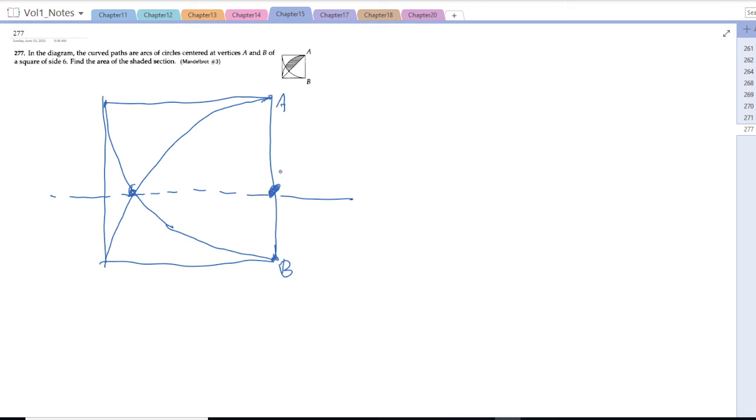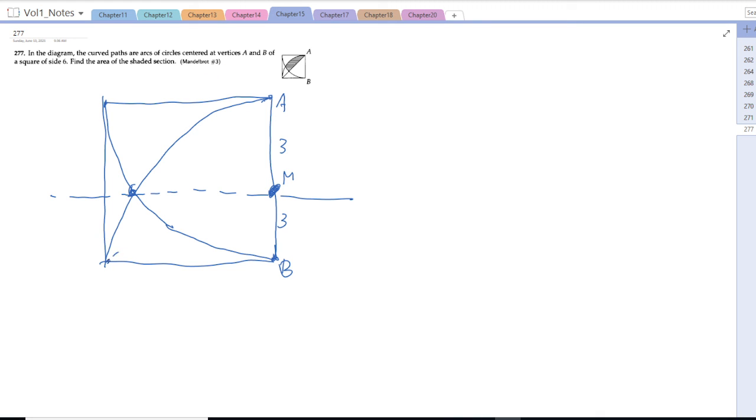The midpoint is M. The square has side 6, so 3 and 3. Find the area of the shaded region.